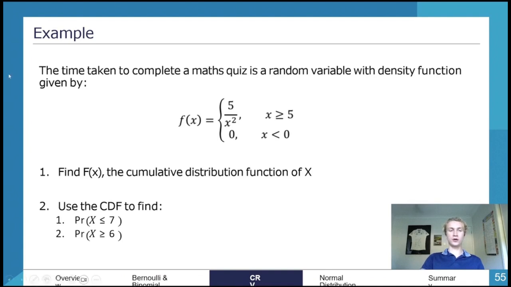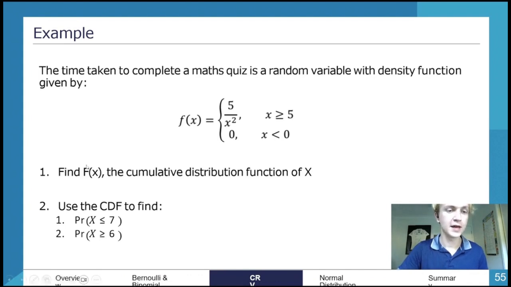Okay, great. Now let's go through an example. And looky here, we've got two different probabilities, which is why we're going to do the cumulative density function, besides the fact that they've also asked us, which means we do have to do it. Example: the time taken to complete a maths quiz is a random variable with a density function given by f of x equals 5 over x squared, where x is greater than or equal to 5, and 0 elsewhere. The random variable is continuous because it's a function, a smooth line.